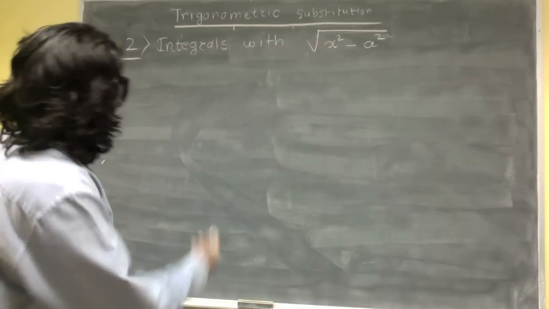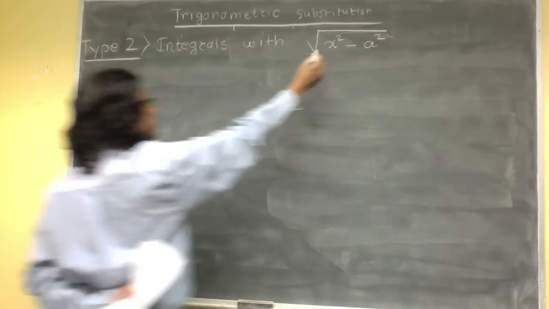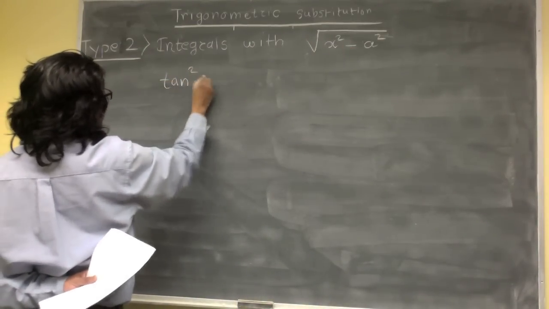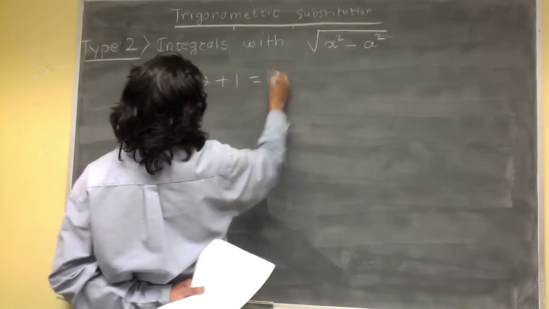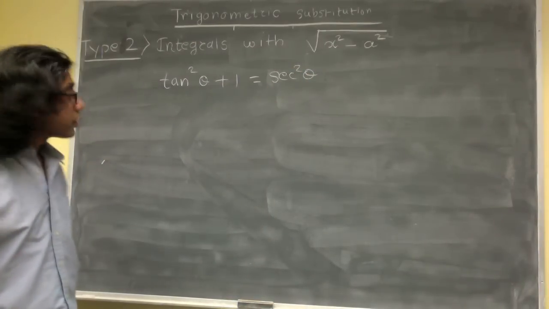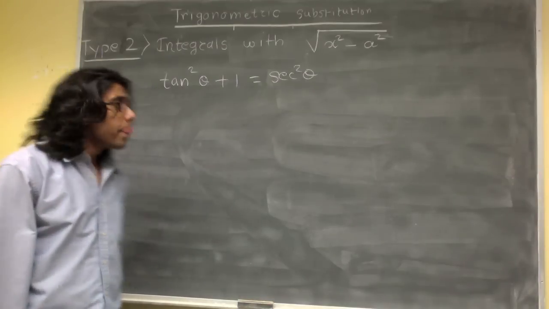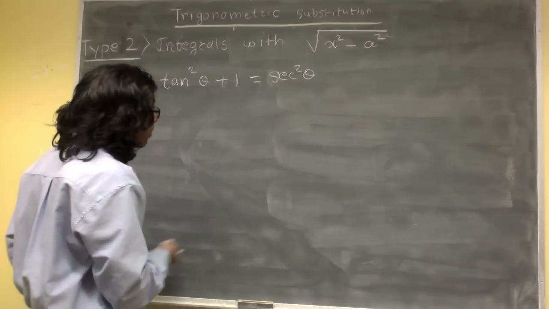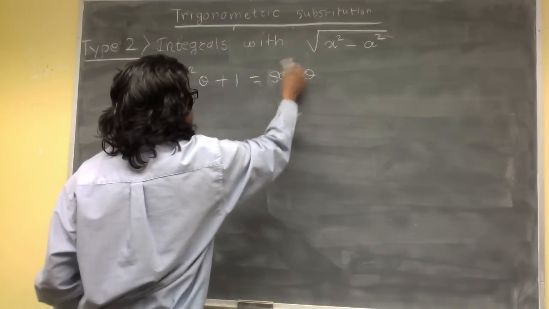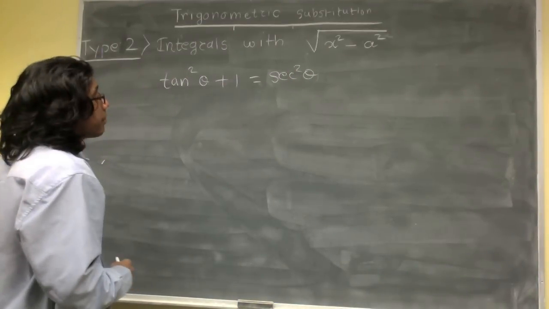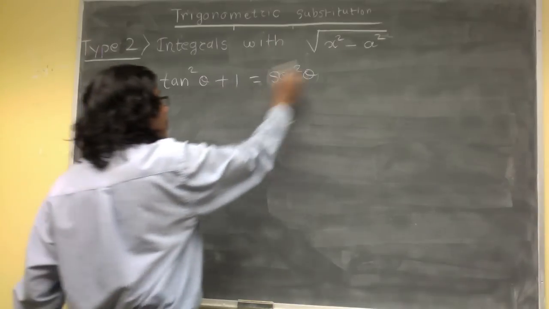And so what is the motivation again for this part? There is a minus sign, so we have to use tan square theta plus 1 is equal to secant square theta, which comes from sine square plus cosine square is equal to 1. Here we don't see a minus sign, so we need a minus sign somewhere, with the x term corresponding to some theta term as the positive term, and the constant corresponding to 1 as a negative.